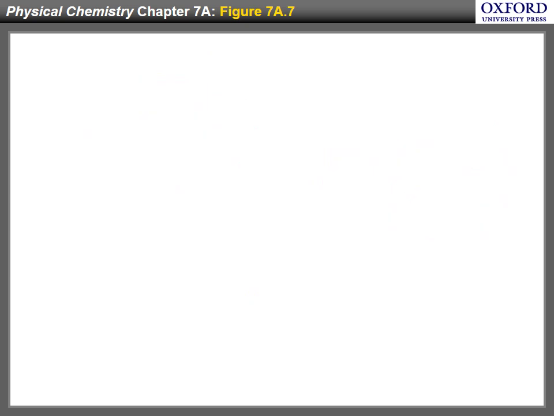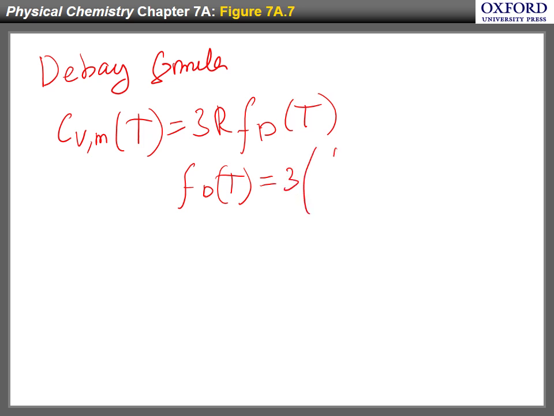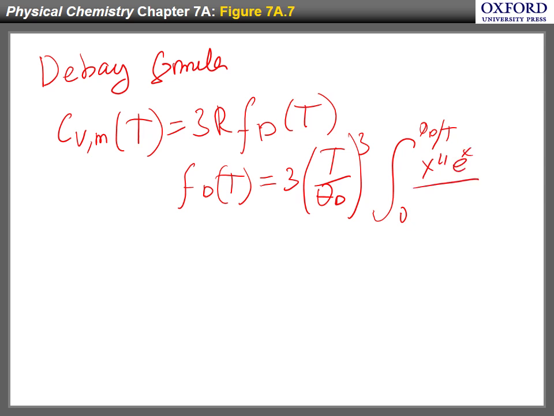The other important formula to remember is the Debye formula, and it's C_V,m of T equals 3R phi D of T. The cardinal difference here is that phi D equals 3 times temperature over the Debye temperature cubed, times the integral from 0 to Debye temperature over T of x to the fourth power e to the x divided by e to the x minus 1, squared, dx.